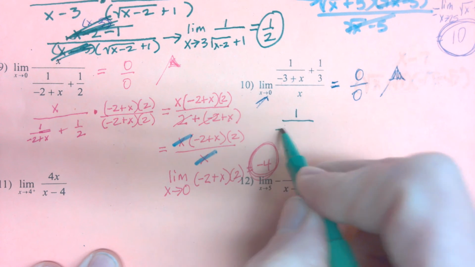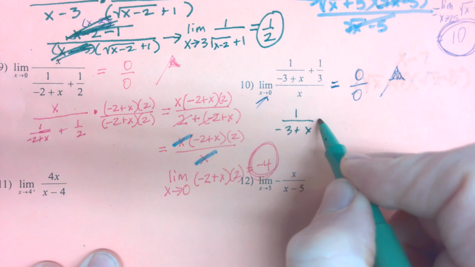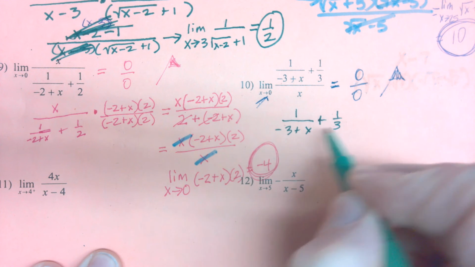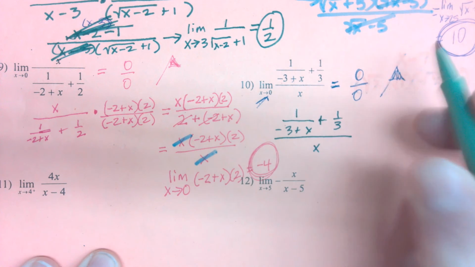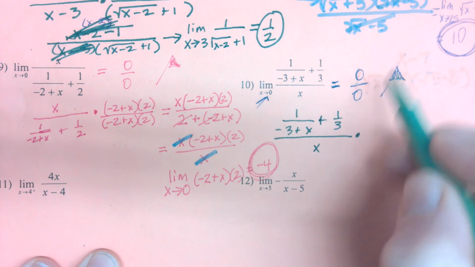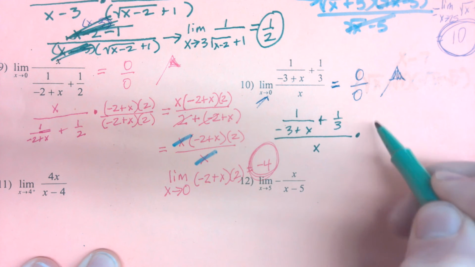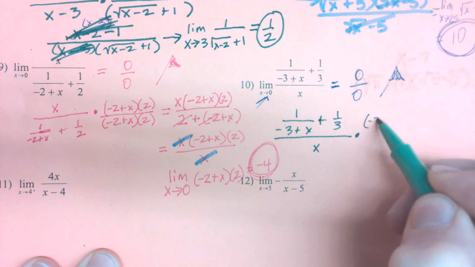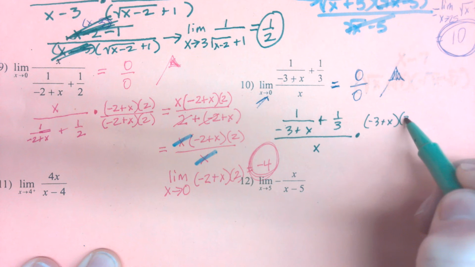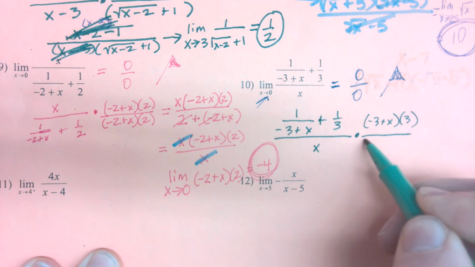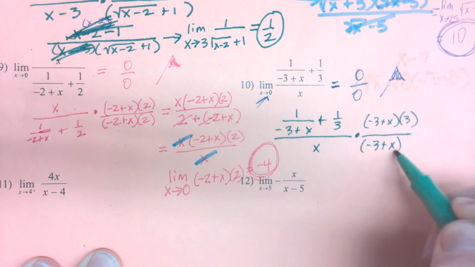One over negative 3 plus x plus 1 over 3 all over x. I will multiply by the common denominator, which is negative 3 plus x times 3 over negative 3 plus x times 3.